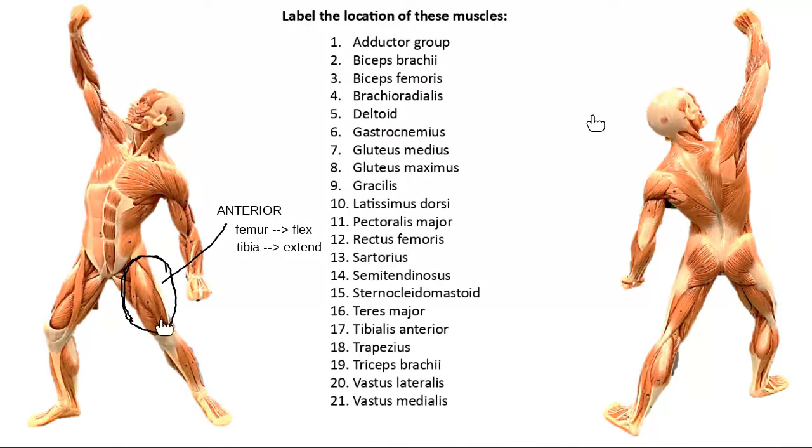So here's the opposite. So check this out. I've got my muscle man right here. All of these muscles live on the front side of the femur. I can make a prediction based on where they live that rectus femoris would flex the femur. A function of rectus femoris, because it lives on the front side of the thigh, would be extending the tibia.